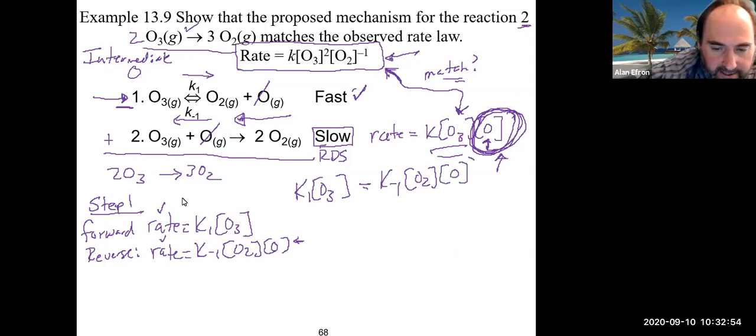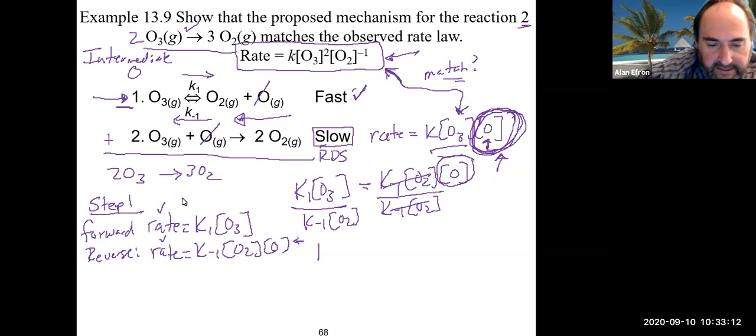Now, what we're ultimately trying to substitute out is the O, which means just math here. We're going to divide this to the other side. This is all going to cancel. And what this gives us is k1[O3] over k-1[O2] equals [O].